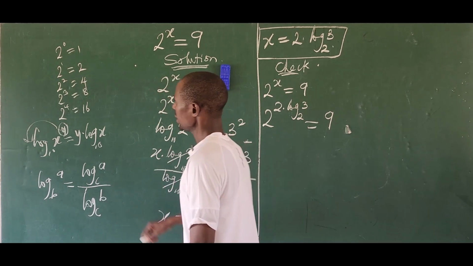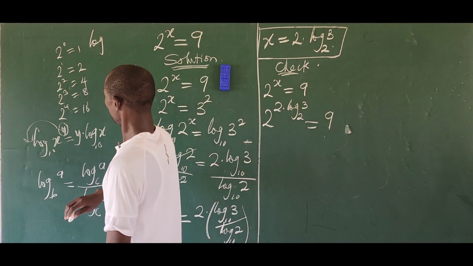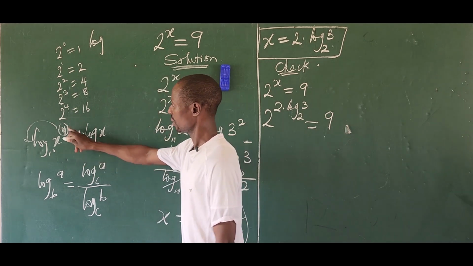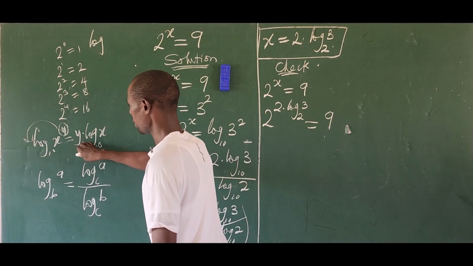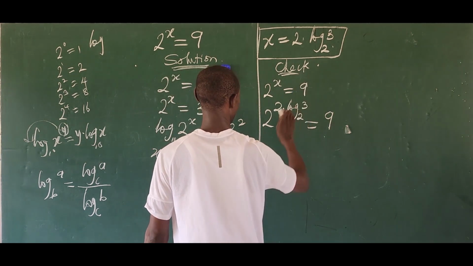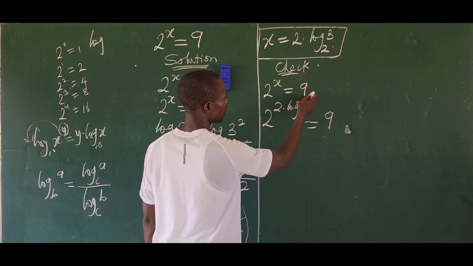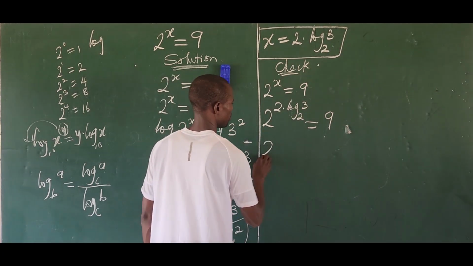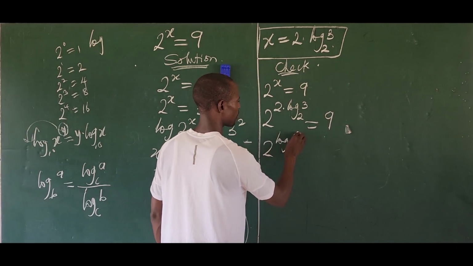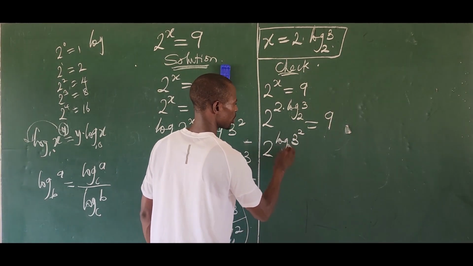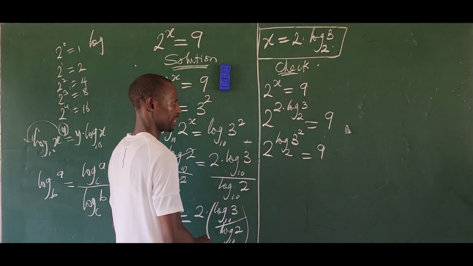We're going to apply this law here now by moving this 2 to this other side, since our expression is in this format. So this could be written as 2 to the power of log 3 to the power of 2 base 2, everything equal to 9 in here.